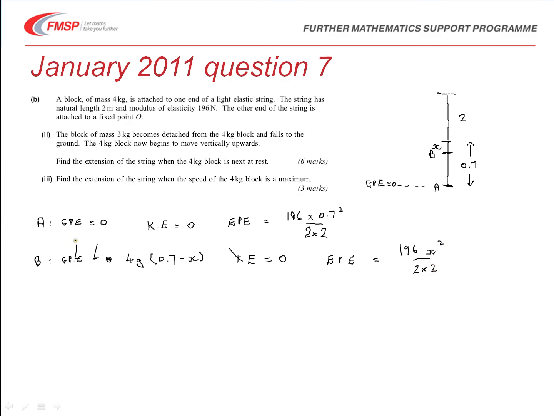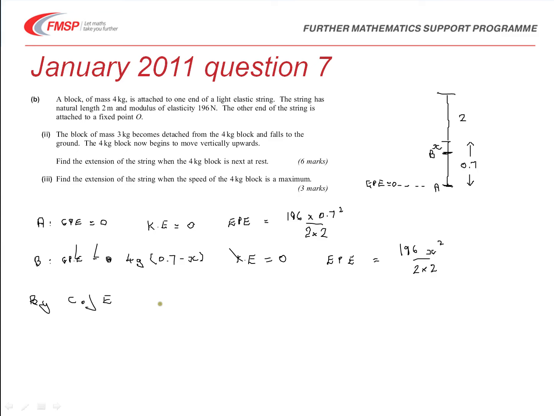Okay, right, so we've analysed the energies, so now we can say by conservation of energy, make a little note of that, we know that the energies at A must equal the energies at B. So what have we got?